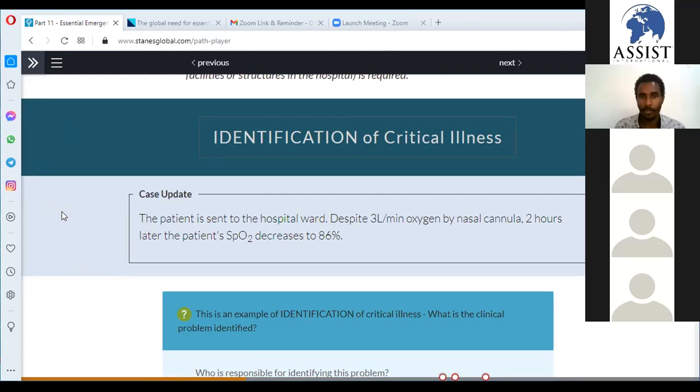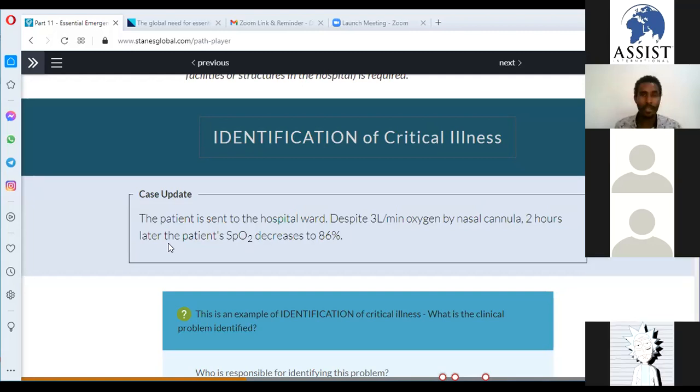After admission to the hospital, we put him on 3 liters of oxygen, but despite that, his saturation drops to 86%. So do you think this patient is critically ill or not? If you say so, why do you say so? That's the question.